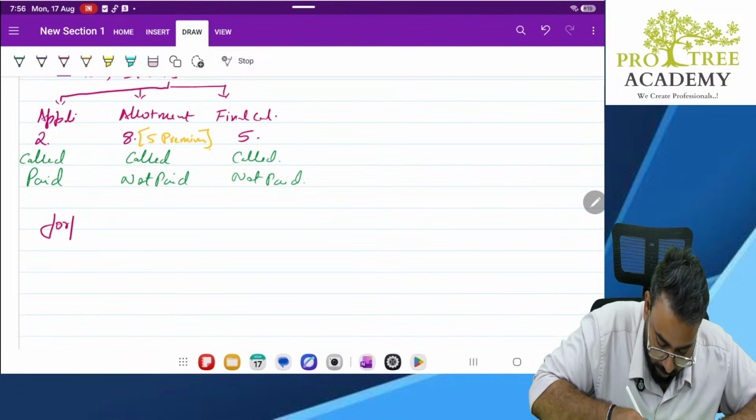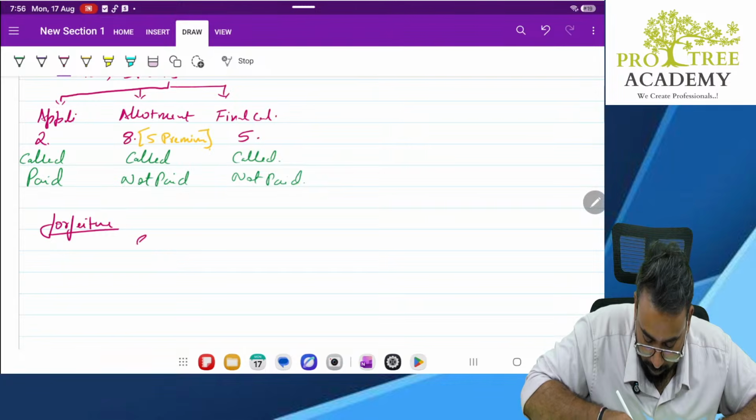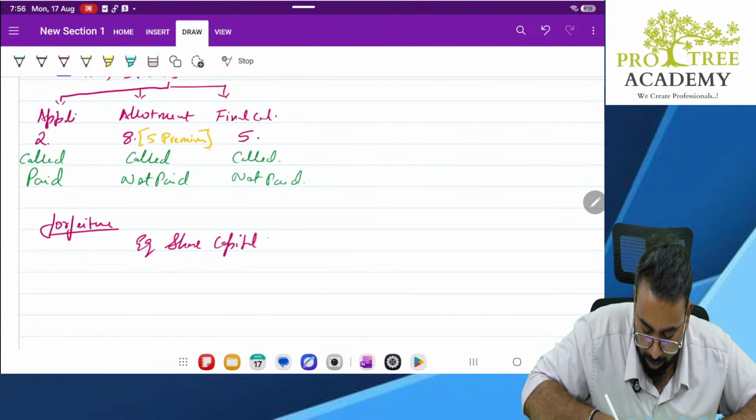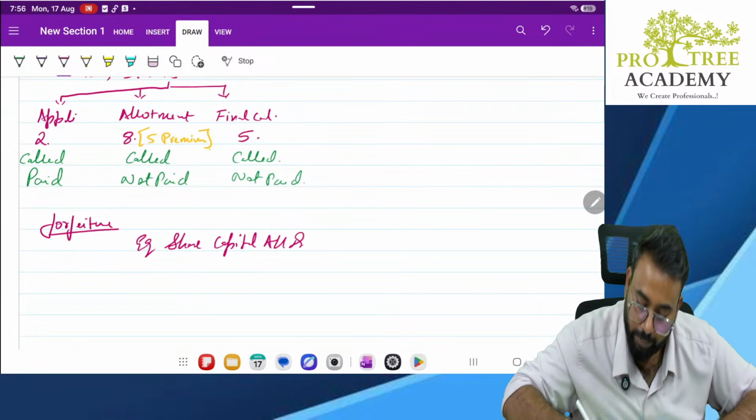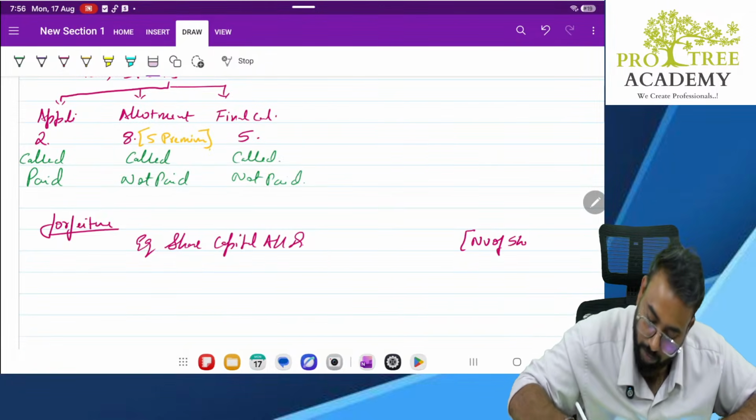Forfeiture. What is the entry? Equity share capital account, debit. What is the debit, sir? Sorry, not nominal value of shares.